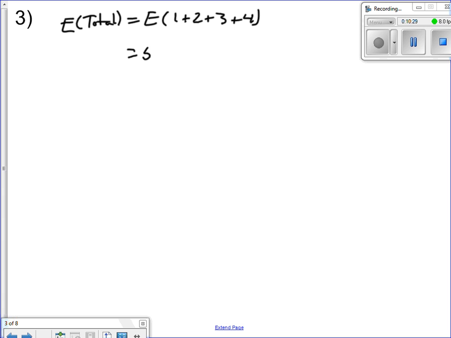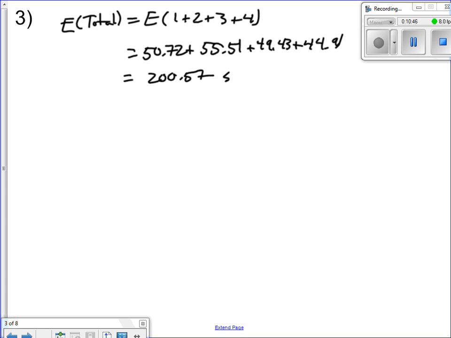So for us, that's 50.72 plus 55.51 plus 49.43 plus 44.91. And so that expected total time is 200.57 seconds.